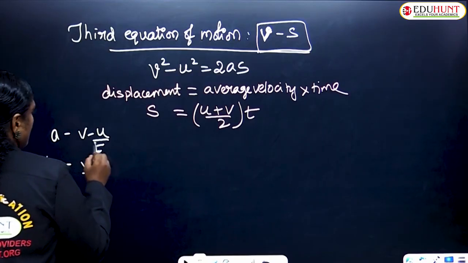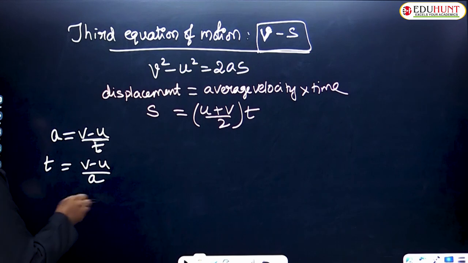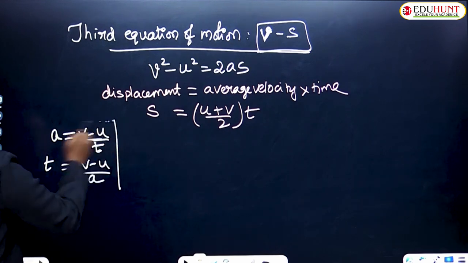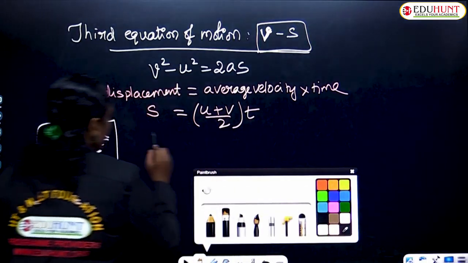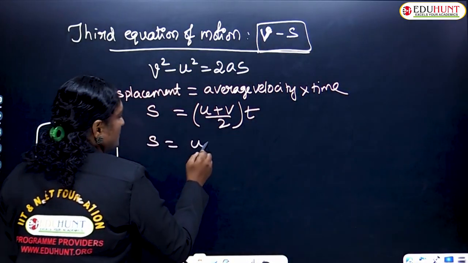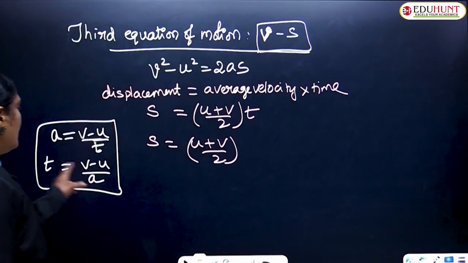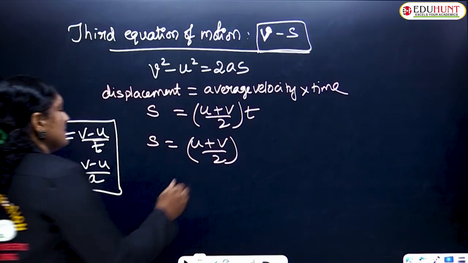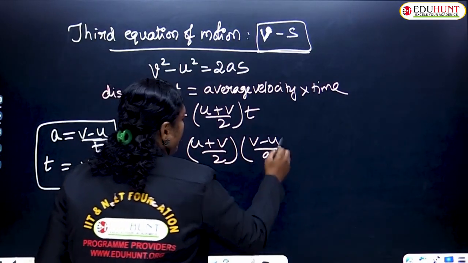Okay, children, so a equals (v minus u) by t, or t equals (v minus u) by a. Keeping it aside and substituting, s can also be written as (u plus v) by 2 into t. Instead of t, I can replace it with (v minus u) by a.